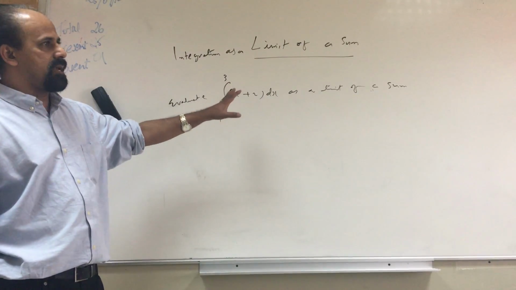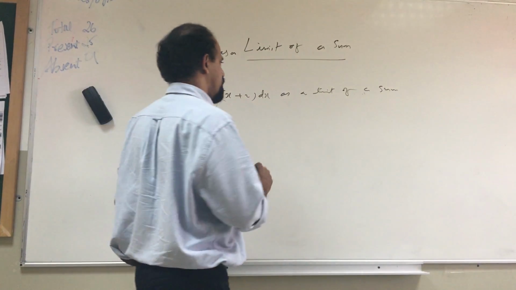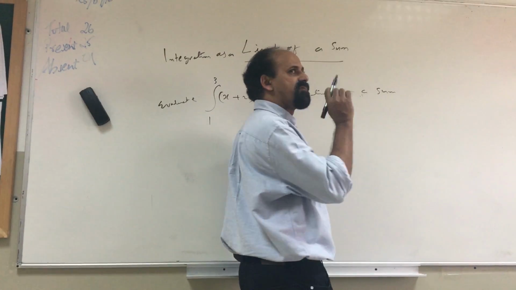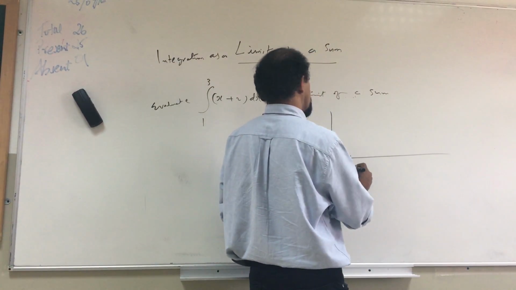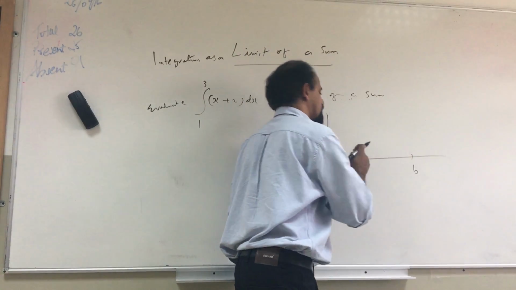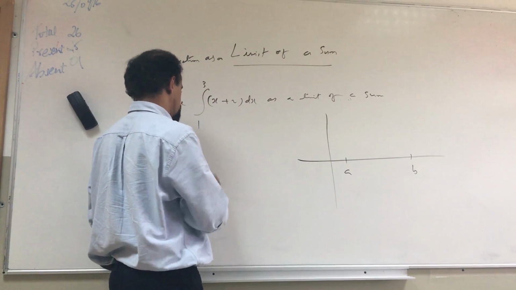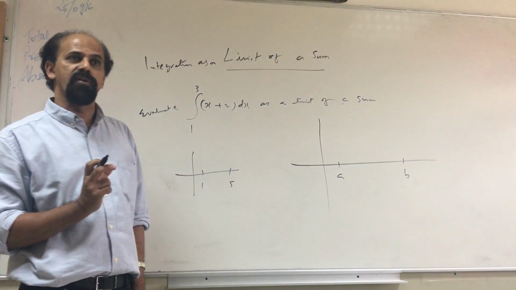Now, to understand how to go about it, I'll give you a little basic theory about what exactly we're talking about, very briefly speaking. The limit is a to b. So, what is this length actually? It's b minus a. For example, if this is 1 and this is 5, what is this distance? 4, 5 minus 1.